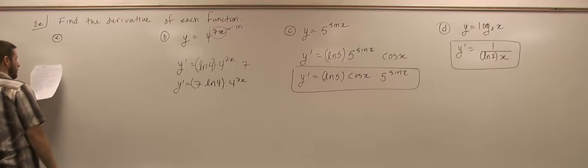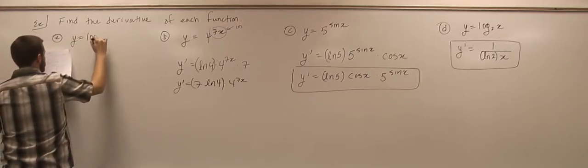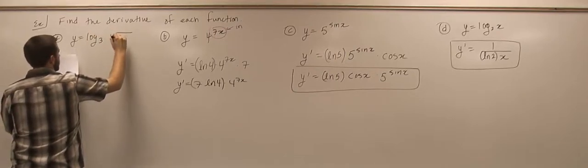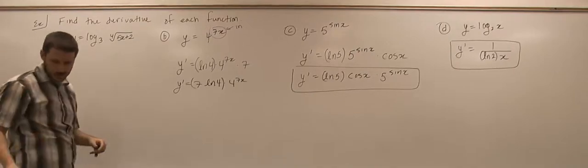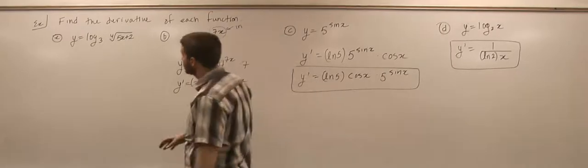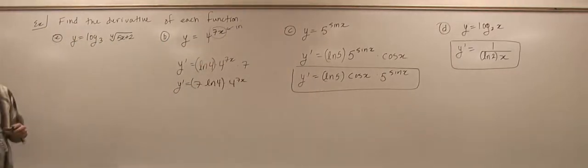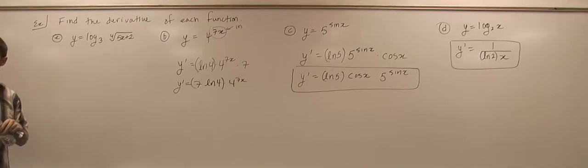All right, last one. Y equals log base 3 of the fourth root of 5x plus 2. I want to find the derivative. I would use my log rule first.